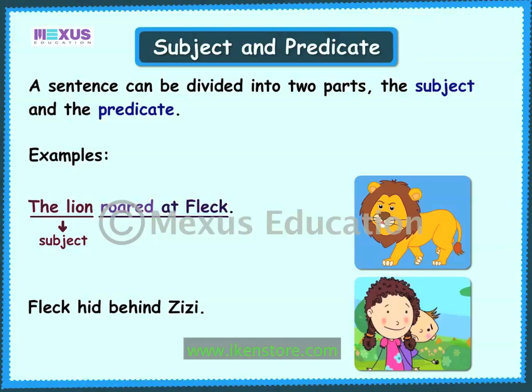So, this part is the predicate. Similarly, the second sentence talks about Fleck and what he did. So, Fleck is the subject in this sentence. The part hid behind Zizi tells us something about what Fleck did. This part contains the verb hid. So, this part is the predicate.